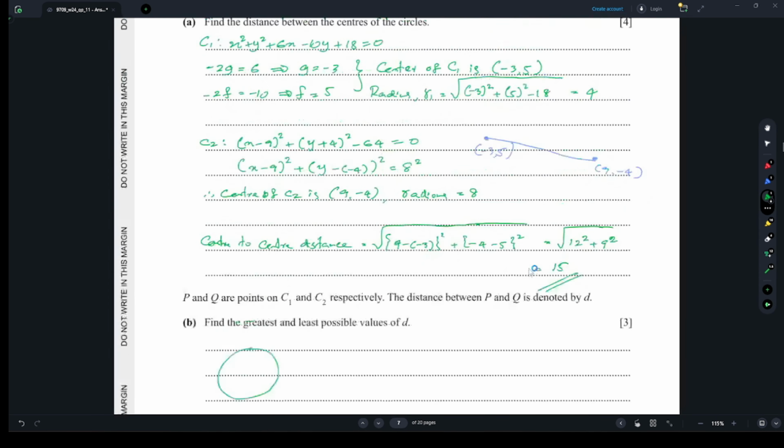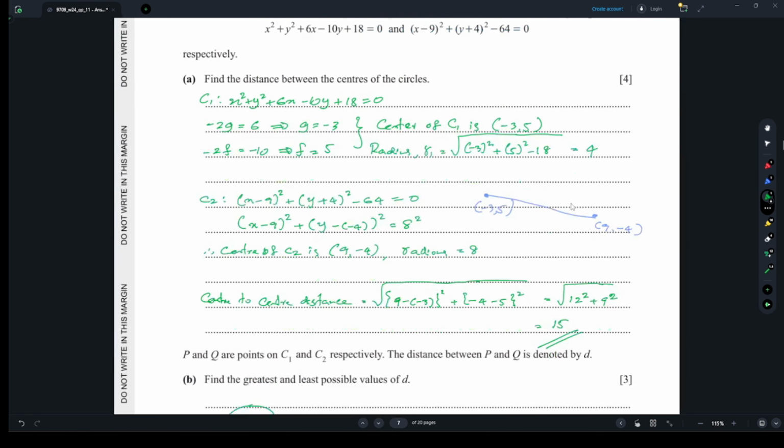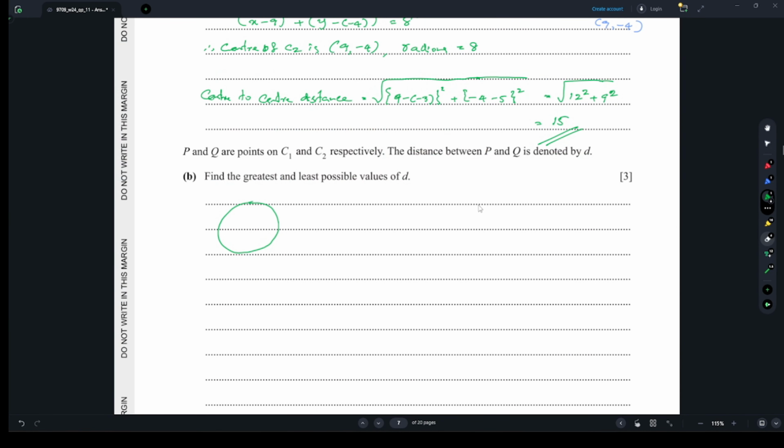So let's say this is C1. The radius is 4. It's a bit small circle, and the other one is a little bit big. So we have the center of C1 and this is the center of C2.